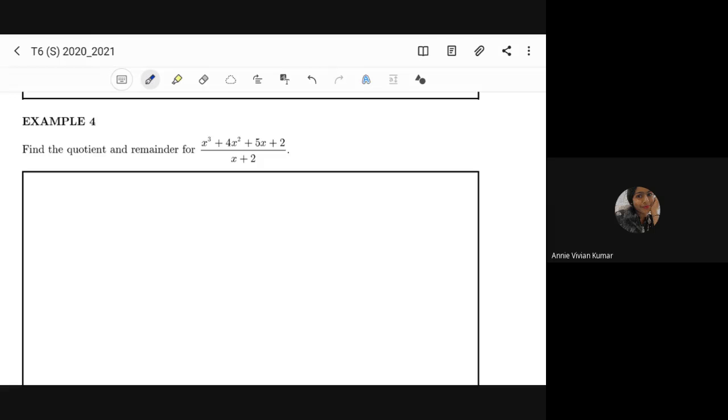Okay, so we go to example number 4. Find the quotient and remainder. Quotient Qx, the queen, will be on the top. Remainder Rx, the people, will be the lowest. Okay.